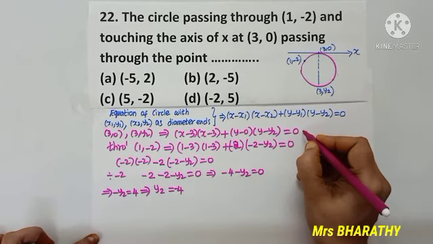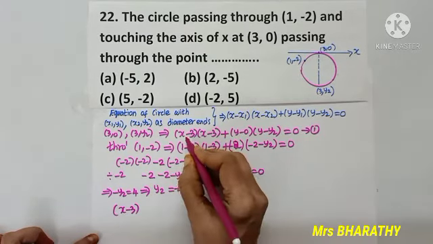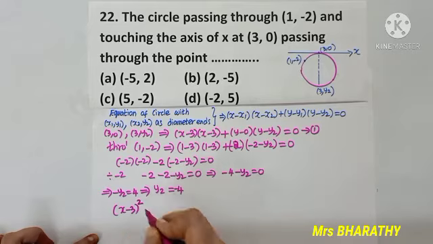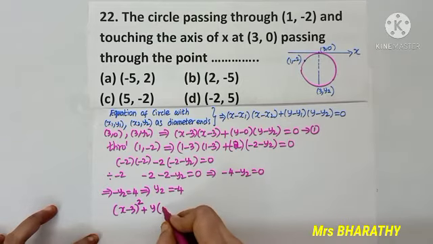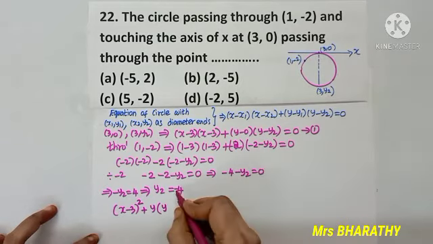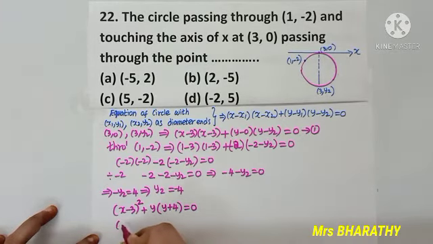Substituting back in equation number 1, we get x minus 3 the whole square plus y into y minus y2. Y minus y2 will be y plus 4, that is equal to 0. Or we get x minus 3 the whole square plus y square plus 4y equal to 0.